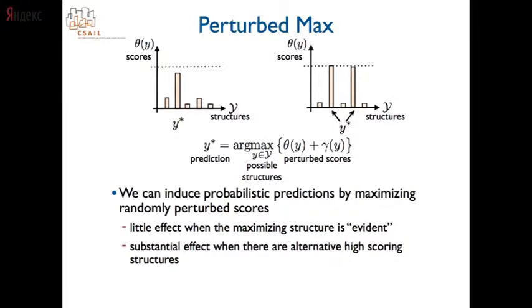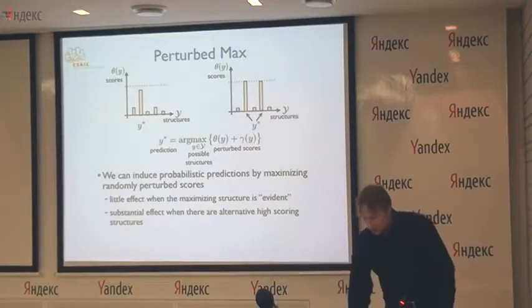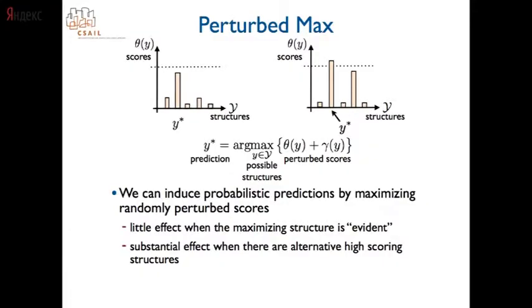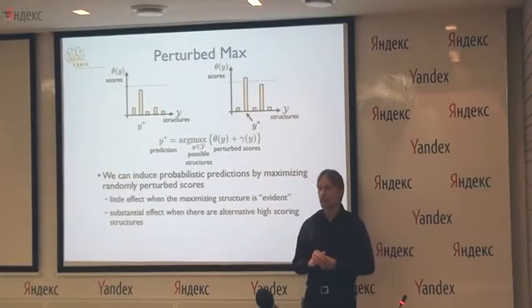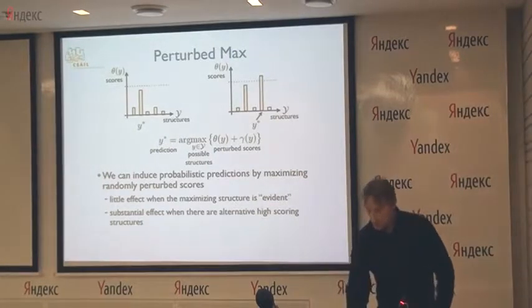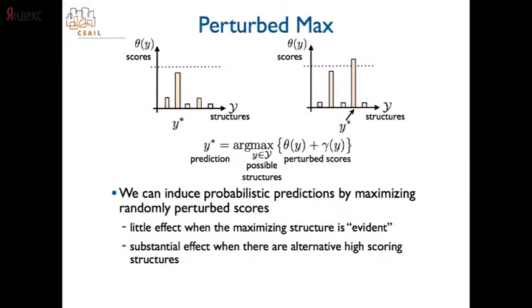So now what I'm going to do is to randomize the scores. You select one of those structures, and I'm assuming here that this max problem we can actually solve, even though we cannot sum over the structures. If I randomize differently, then I get the other one as the highest scoring structure.